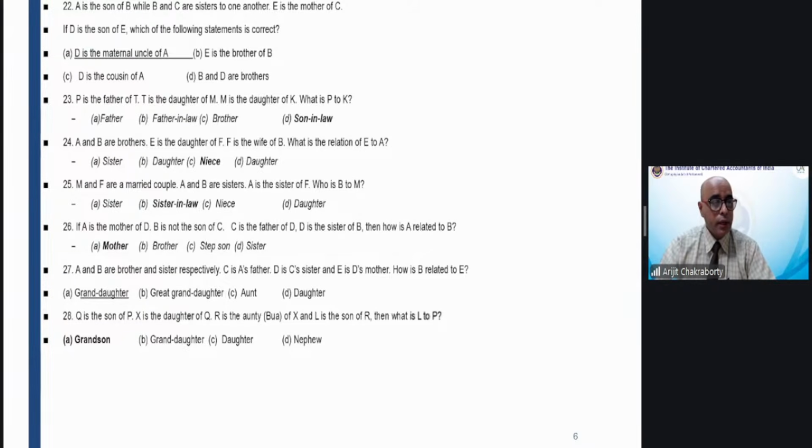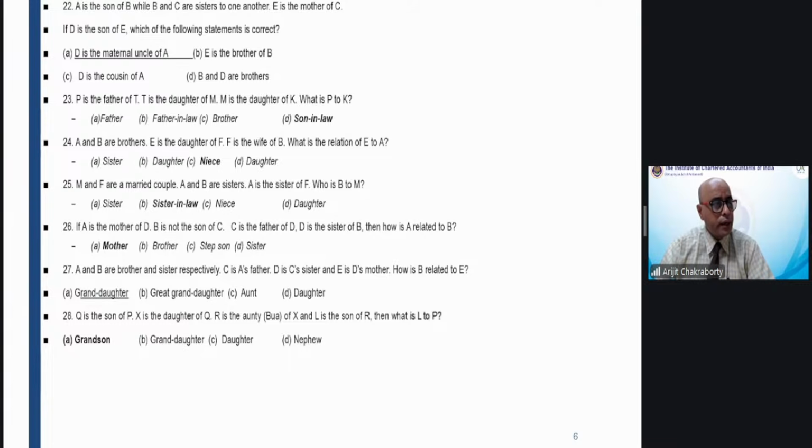Okay, so we see P at the top. Then we have Q and Q's daughter is X. R is the aunt of X. Aunt means we can say it is mother's sister or father's sister.